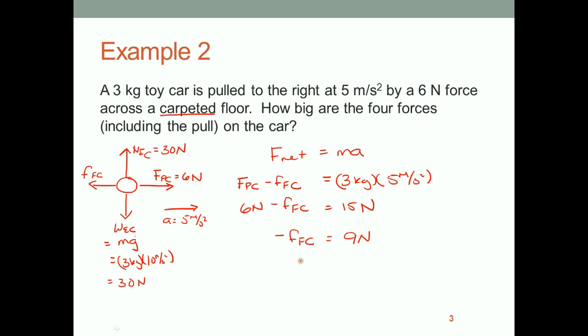And now I see that I have made an error in this problem, but that's okay. I got a negative sign out for my friction. Right? And that negative sign means it's in the opposite direction, which means my 6 Newton force is not big enough to actually accelerate this car as much as it needed to be.